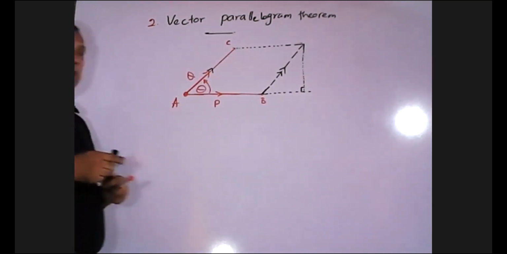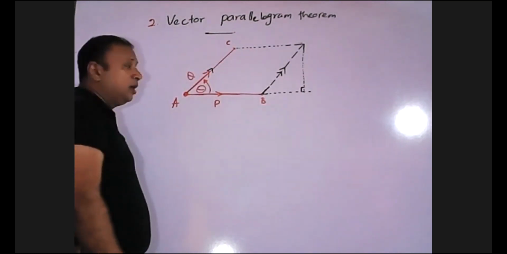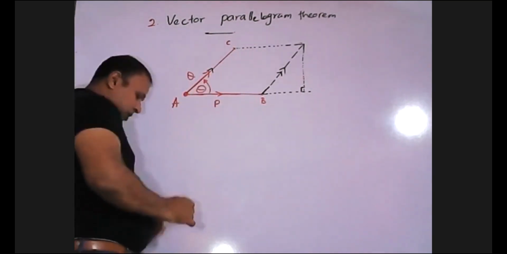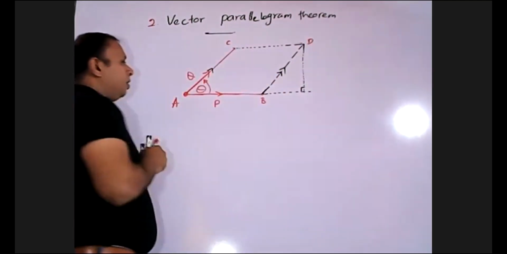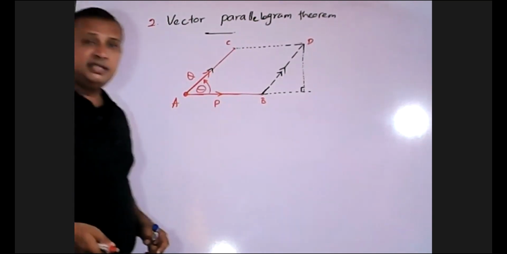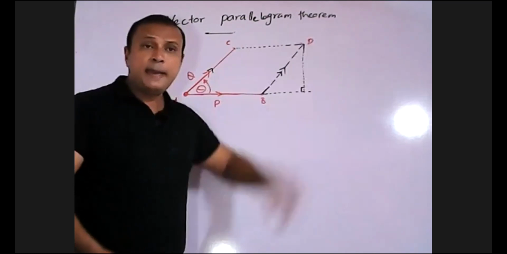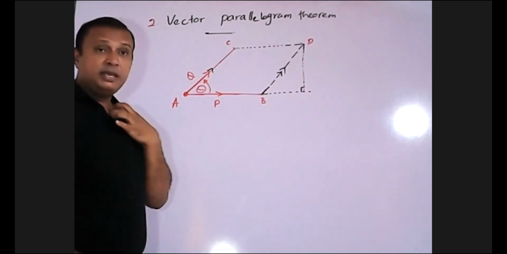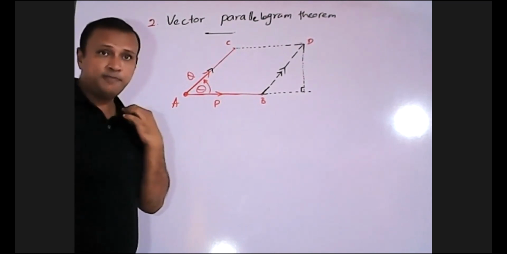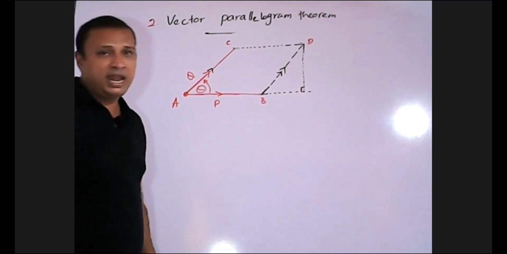So if this vector is Q, suppose this point is D. You know, as this is a parallelogram, AC and BD are parallel and have equal length. Those are two parallel sides with equal lengths.